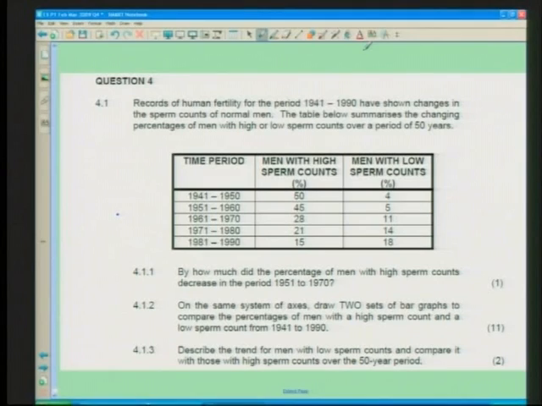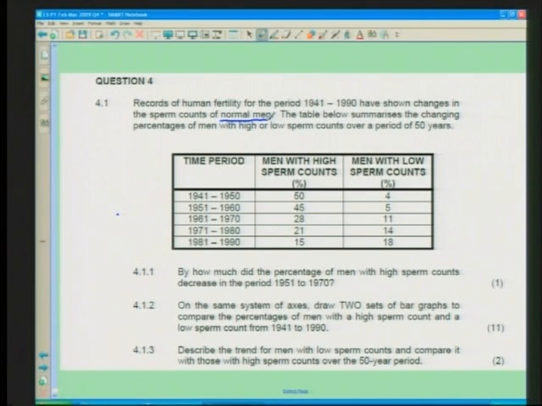All right, if we have a look here, it says, records of human fertility over the period of 1941 to 1990 have shown changes in the sperm counts of normal men. Now remember they're telling you it's normal men. The table below summarizes the changing percentages of men with a high sperm count and a low sperm count.